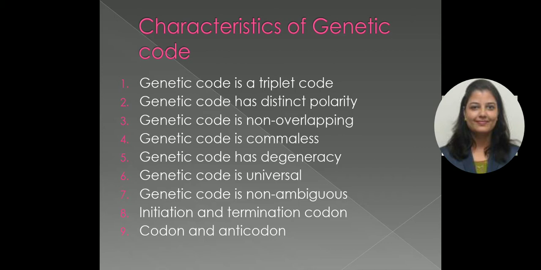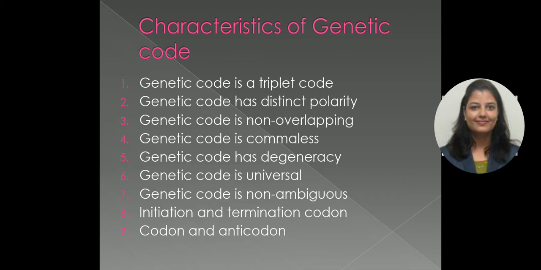Number 6 is genetic code is universal. So you can see that a specific codon is specified for a specific amino acid. An example is AUG, which is always specified for the amino acid methionine in all kinds of organisms.